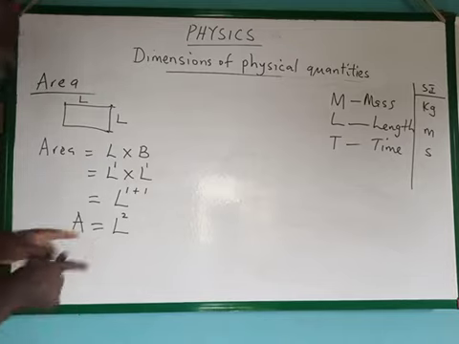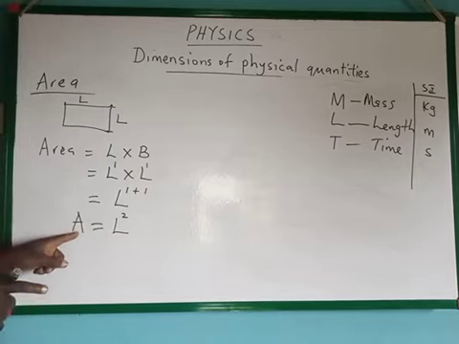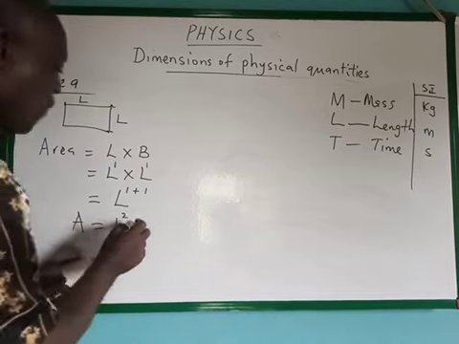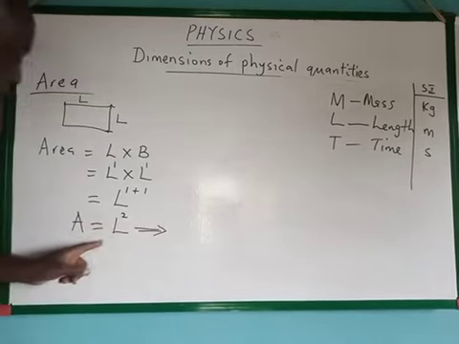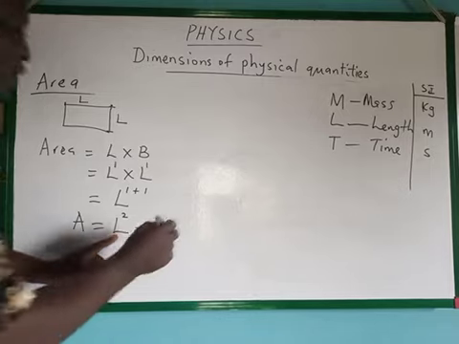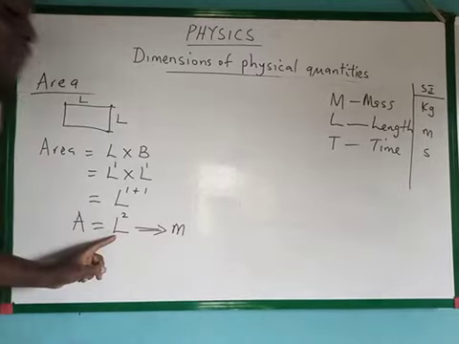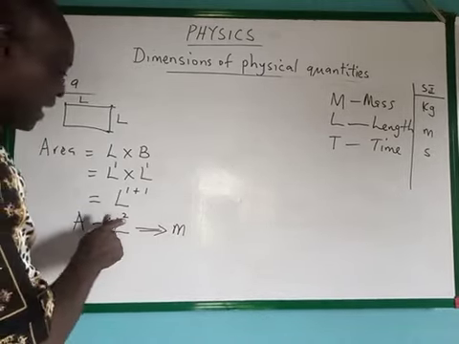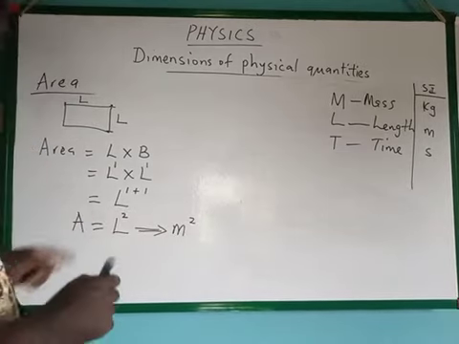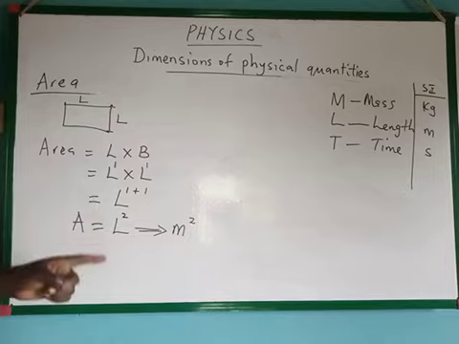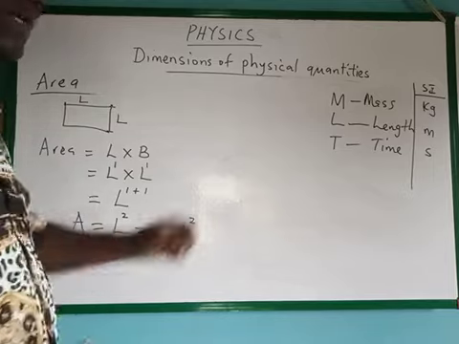Okay, now, how can I get the SI unit of area from this dimensioning? What is the unit of length? The unit of length is what? Meters. It is meter raised to power 2. That is why when you calculate area, at the end you say meter square.